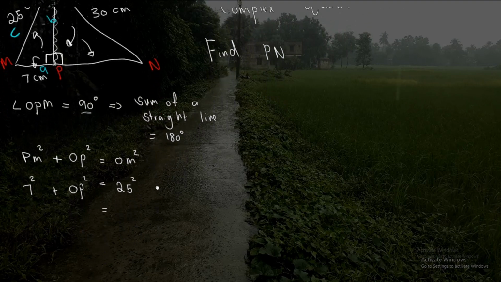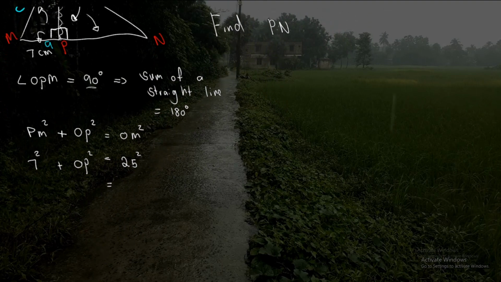So I can then say 49 plus OP squared is equal to 625. Then we're going to subtract 49 on both sides, right?